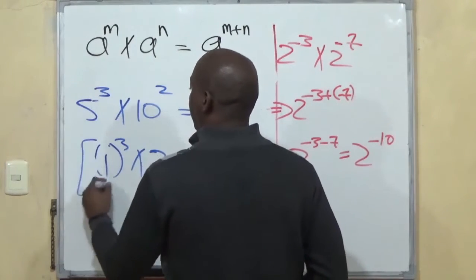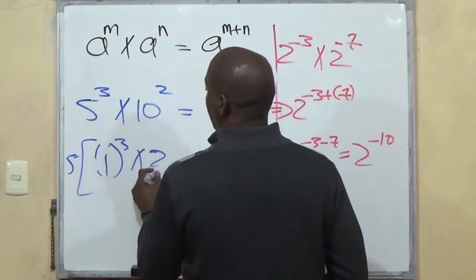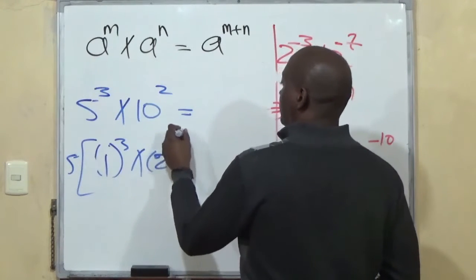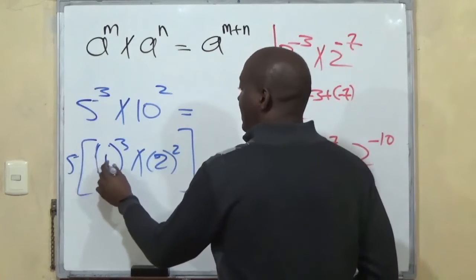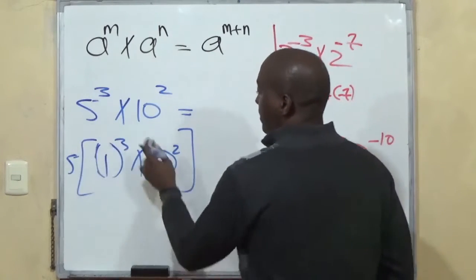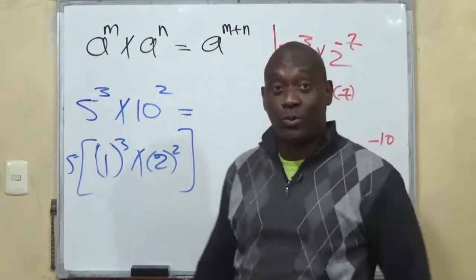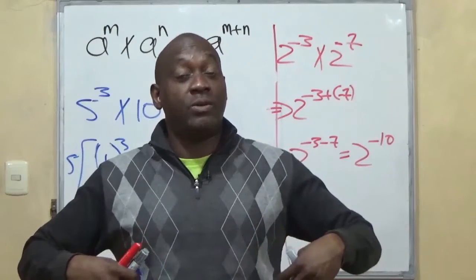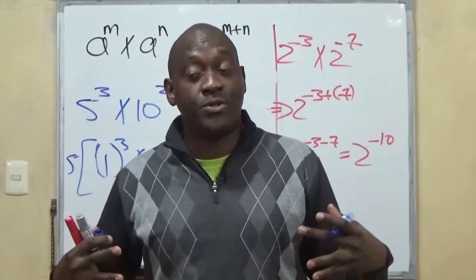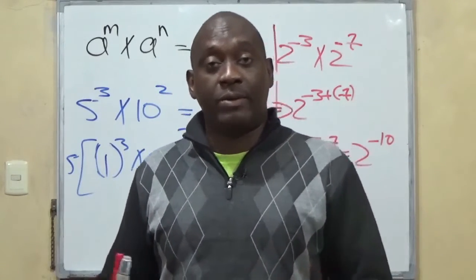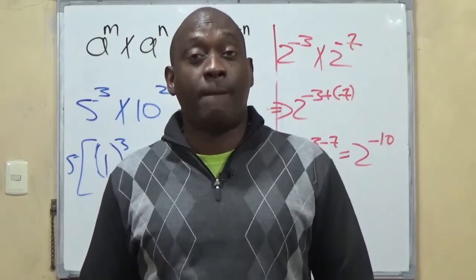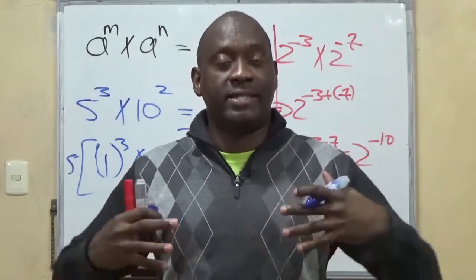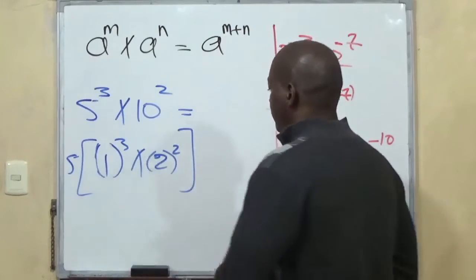You take out the 5 on the outside, 1 to the power of 3, and then you have 2 on the inside to the power of 2. You can't do that either. 5 by 1 is 5, 5 by, no. These are things that you will flesh out in the course of your practice, which I am strongly recommending. I will provide my own questions as well, but wherever you can find questions, get them and practice. I just wanted to get the basic understanding here.